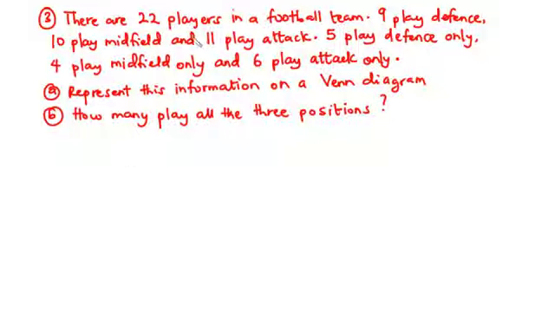There are 22 players in a football team. So the number of members in the universal set is 22. We are told that 9 play defense. So the number of players who play defense is 9. 10 play midfield.